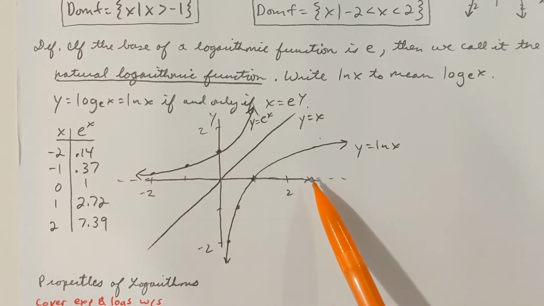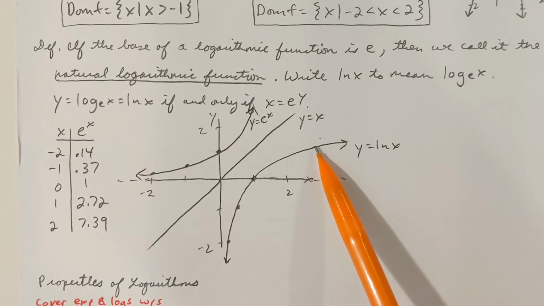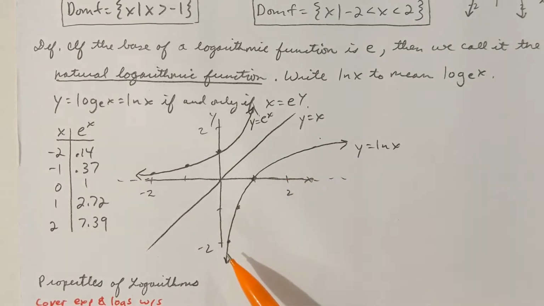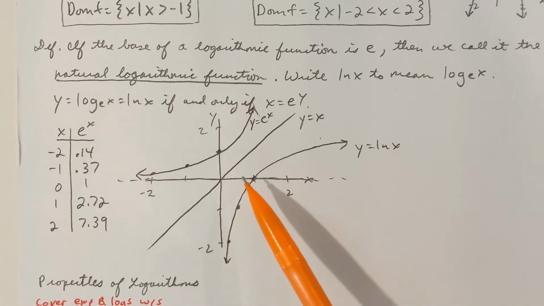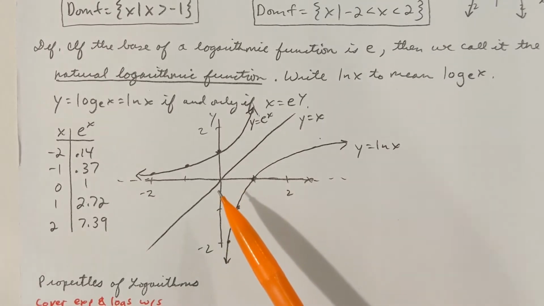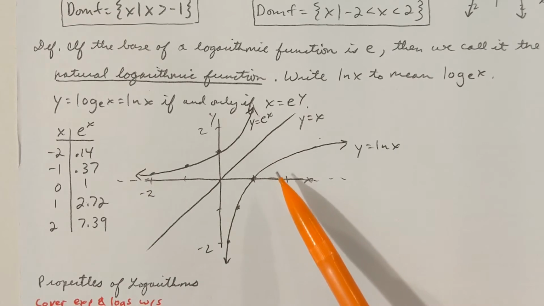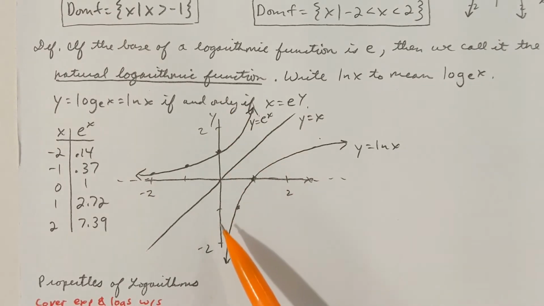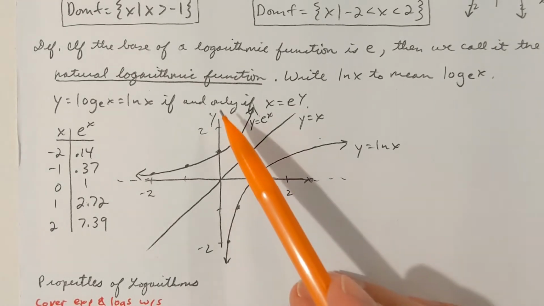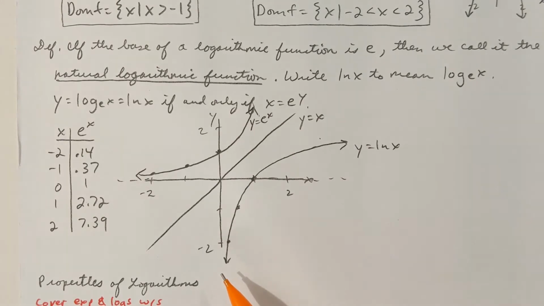That's going to be at e, 1, etc. All these points are going to be switched, and the horizontal asymptote that was on the graph of the exponential is now going to become a vertical asymptote on the graph of the logarithm. That's a property of a logarithmic curve, that there will always be a vertical asymptote on the graph.